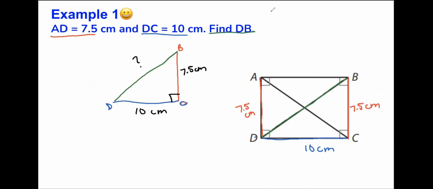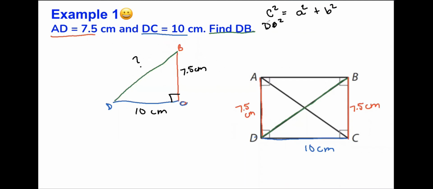So our little friend is going to come back. C squared equals the sum of the squares of our legs, A squared plus B squared. And I'm going to substitute so that I'm able to see it in segments. So C, I know it's going to be DB. DB squared.